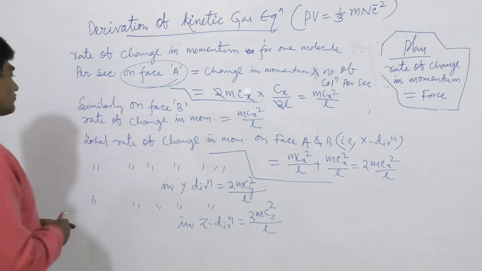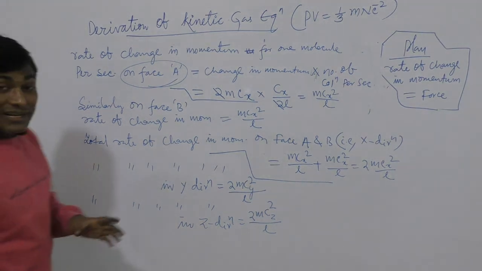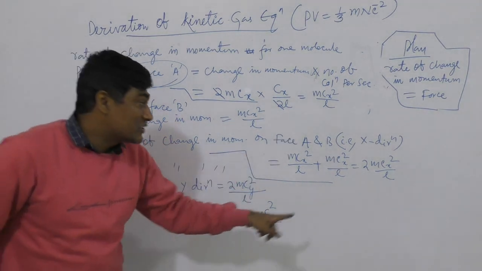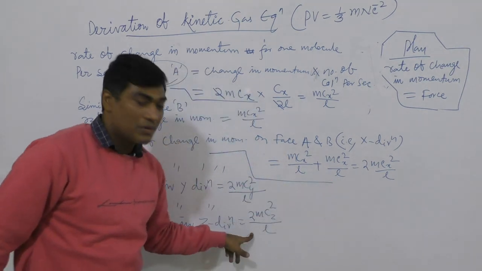So the total rate of change in momentum in all three directions will be this plus this plus this.